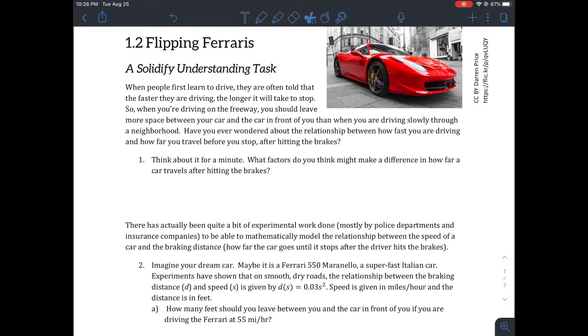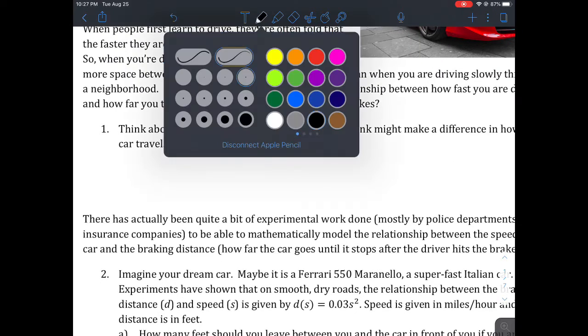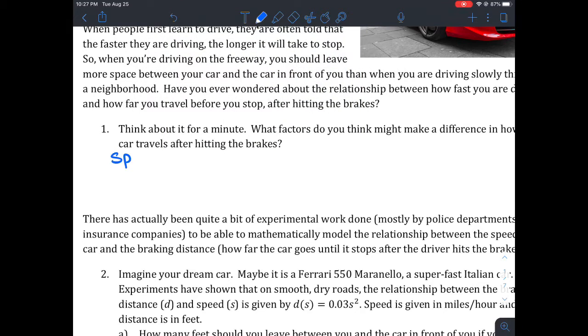So some factors I thought about might be speed. It's going to depend on how fast you're going. Maybe the weight of the car. If the pavement's wet.